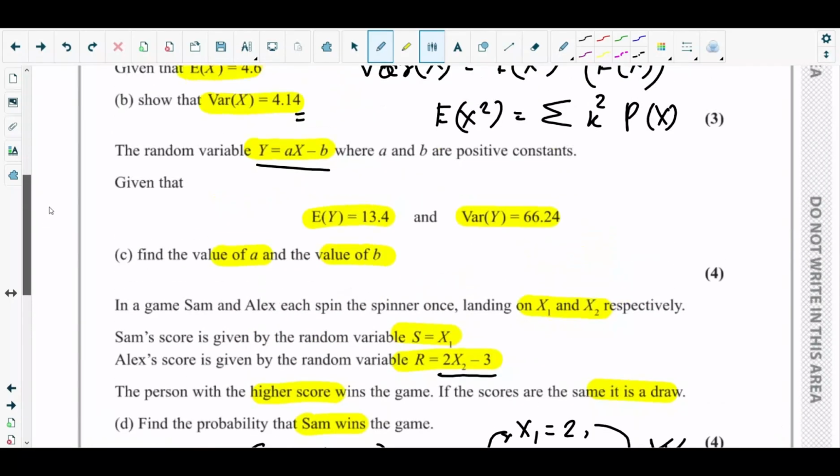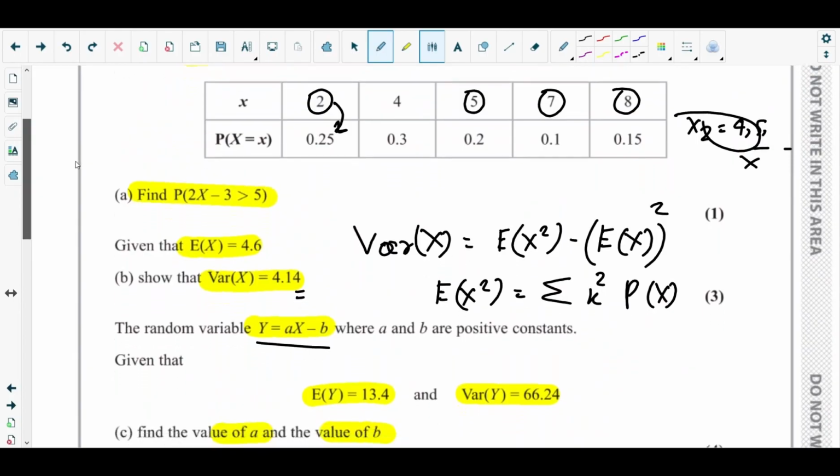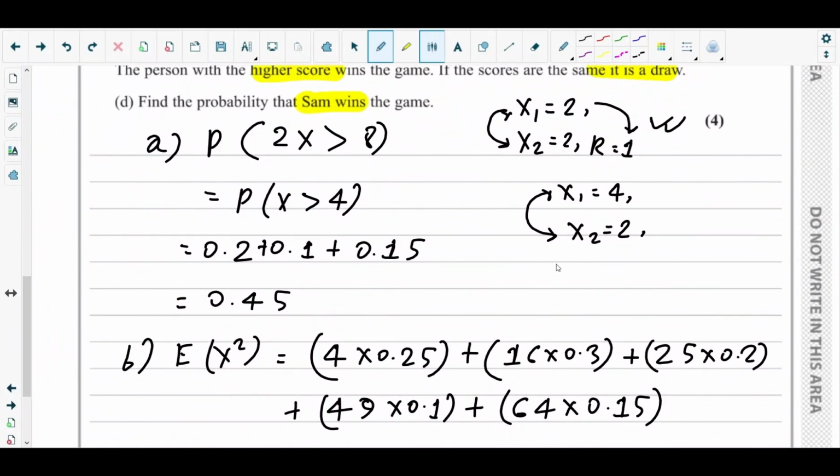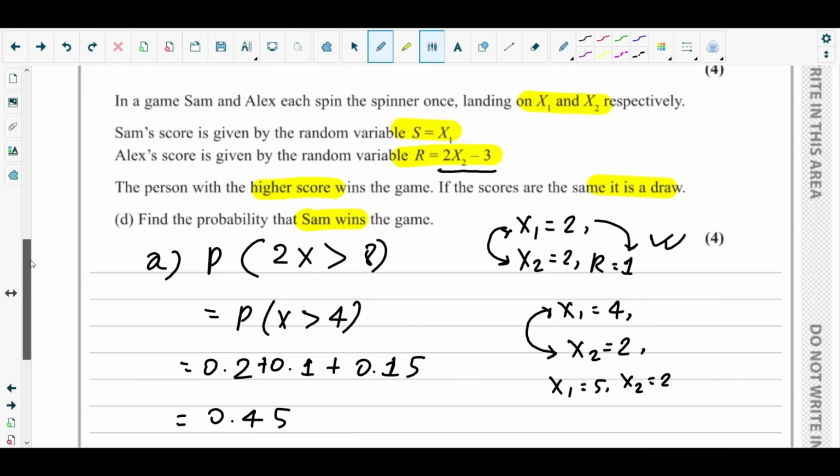Next, consider x1 to be 5. If x1 is 5, then x2 equals 2 is definitely acceptable, because R is 1, which is less than 5.